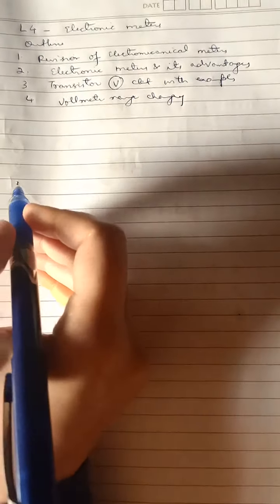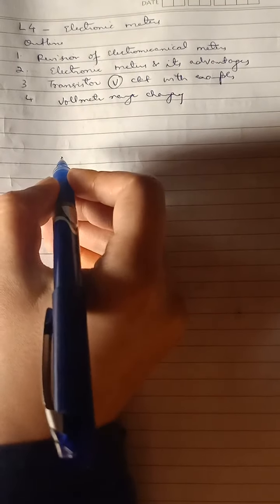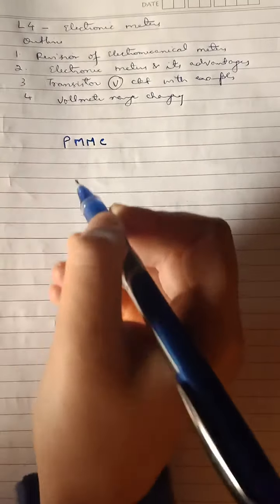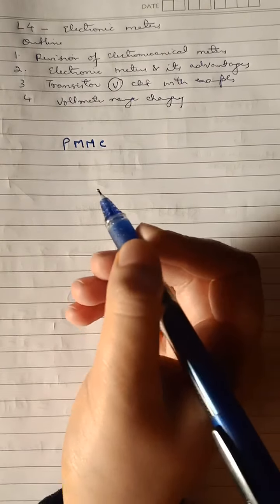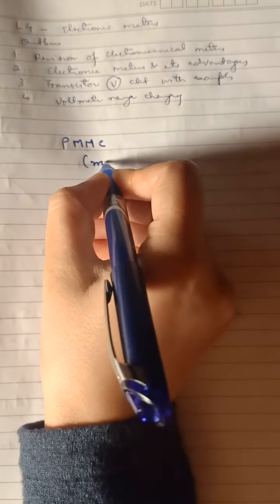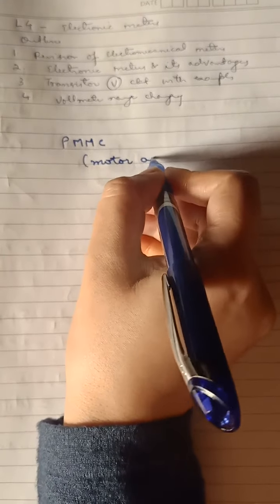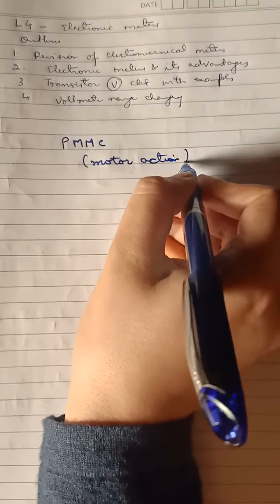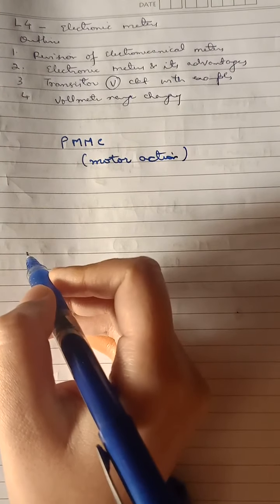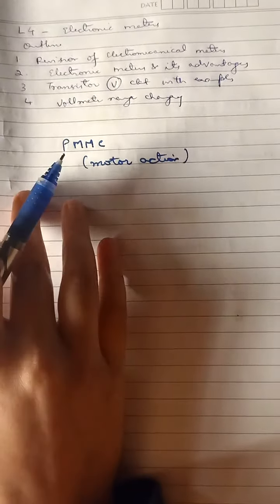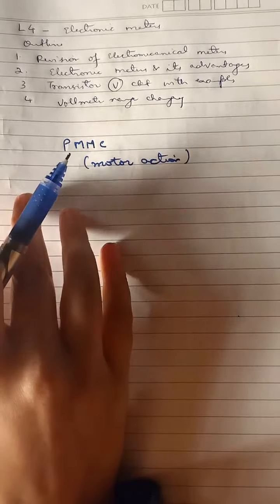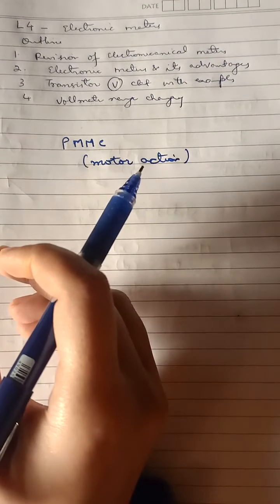The most common electromechanical instrument that you might have already studied is a PMMC instrument. PMMC stands for permanent magnet moving coil instrument, which works on motor action. These are also called d'Arsonval instruments. And why is it called a PMMC instrument? Because the two most important parts of it are a permanent magnet and a moving coil.